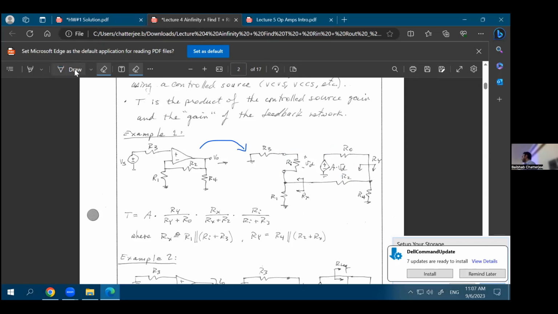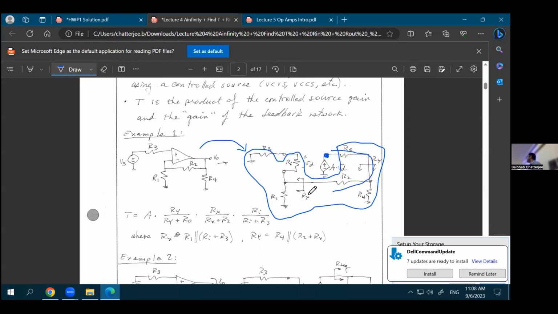Now, how we solve this from this point onwards is that we considered this as the entire feedback network. So starting from the output of this ideal voltage controlled voltage source, traverse back toward the input side, consider whatever voltage divisions you see, and then put them in a form like this.